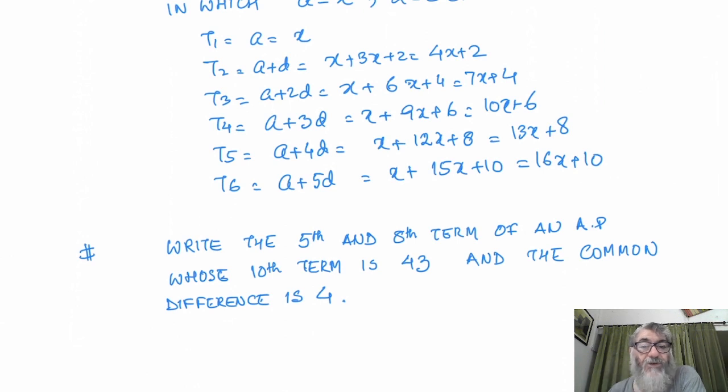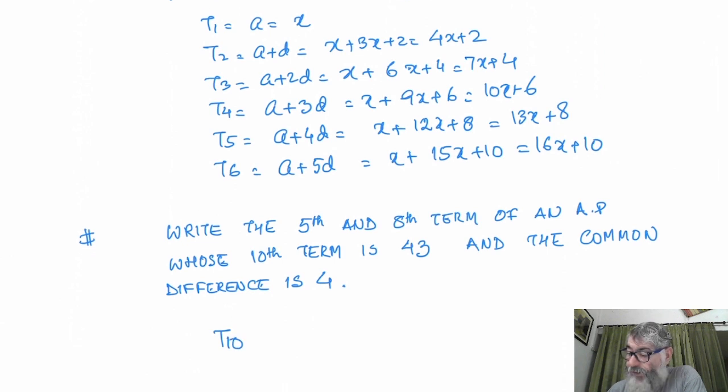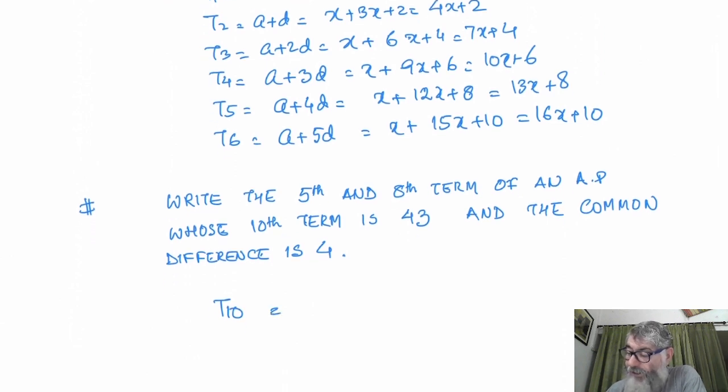When I talk of the 10th term, T10, it means A plus 9D. The coefficient of D will always be 1 less than the number of the term he is talking about. When he is talking of the 10th term it will be 9; if it is the 8th term, it will be 7.